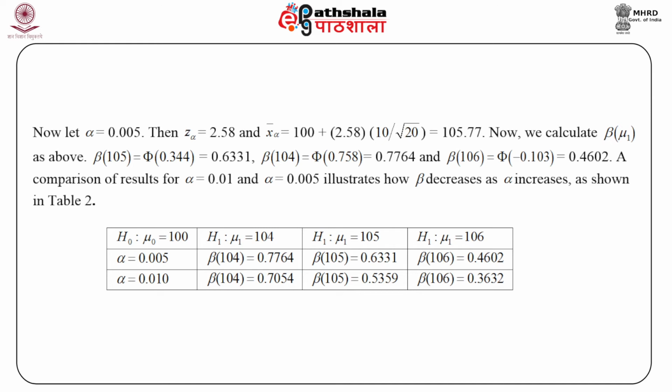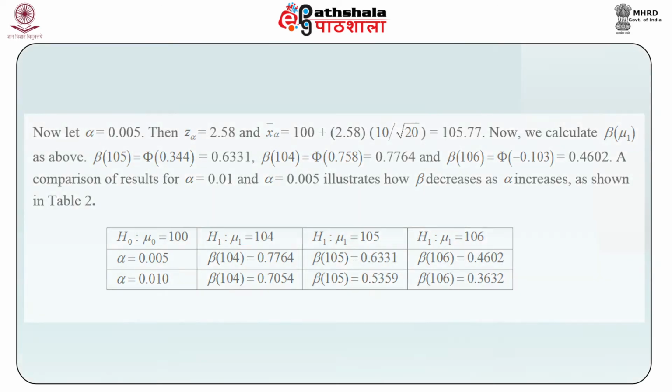In our second column, we have the alternative hypothesis of mu 1 equal to 104, then 105, and then 106. And we have these different calculated values of beta for 104, beta for 105 and beta for 106. So this table basically shows the relationship between the probabilities of type 1 error and type 2 errors.